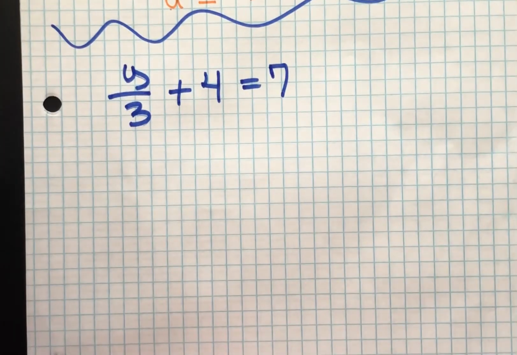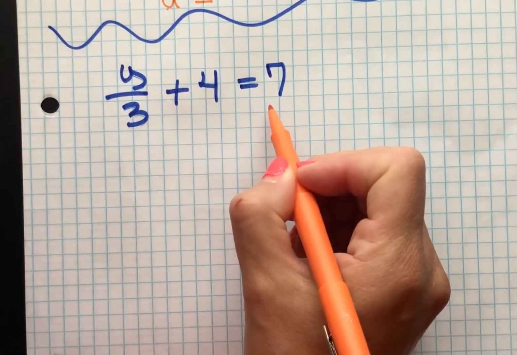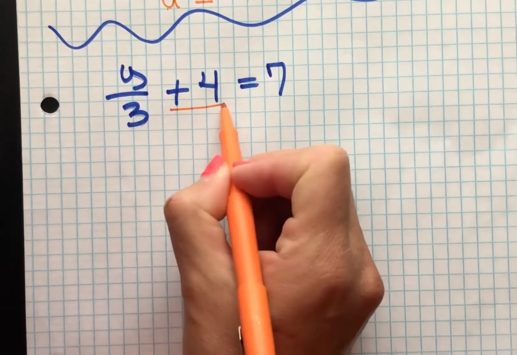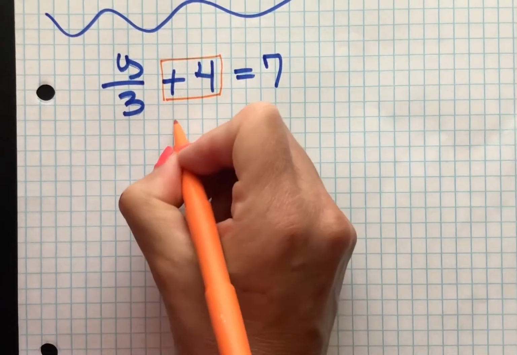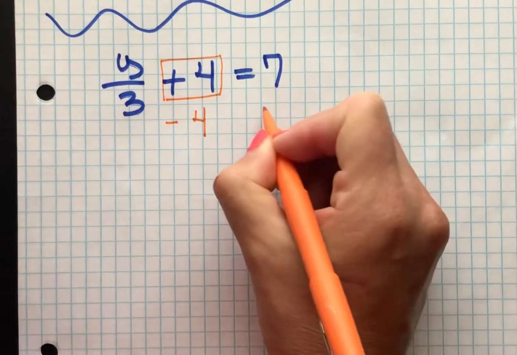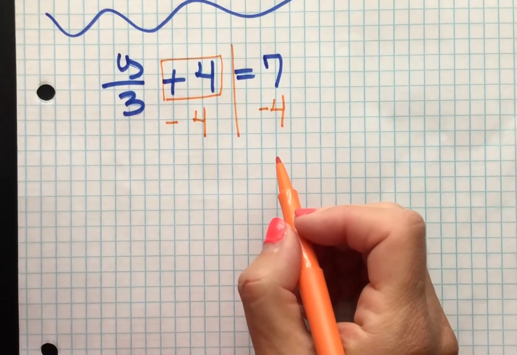Okay. Again, you need to combine your like terms. So I have my constants here. Let's combine our constants. Well, you need to undo this. So the opposite of adding 4, subtracting 4 from both sides. Okay.